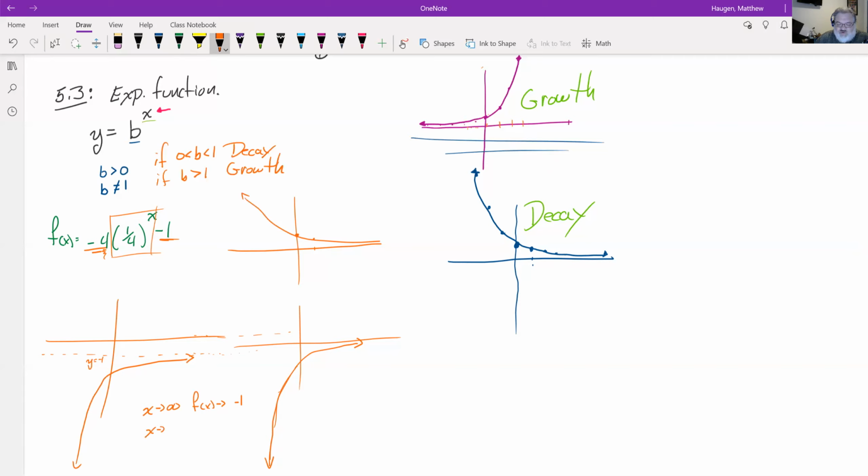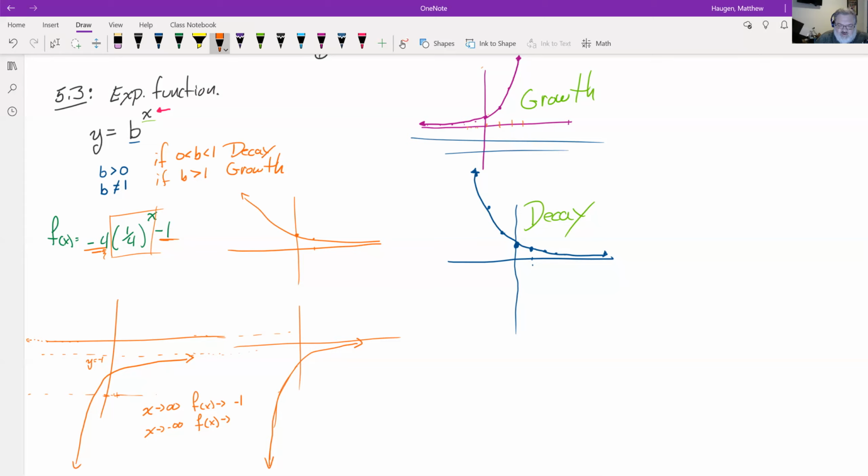As x heads towards negative infinity, what's the function doing? Well, as x heads off in this direction, what are the function outputs doing? Heading closer to -4. Well, y equals -4 is right there. -1/4.